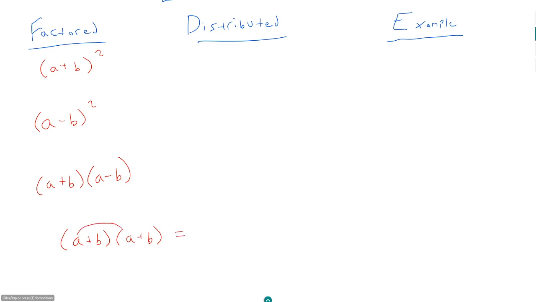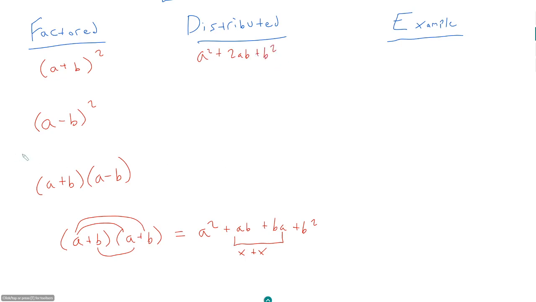And so this would be a squared plus ab plus ba, which is the same as ab, plus b squared. This is no different than just saying x plus x, which is equal to 2x, except in this case, x happens to be equal to ab. So this is really just a squared plus 2ab plus b squared.